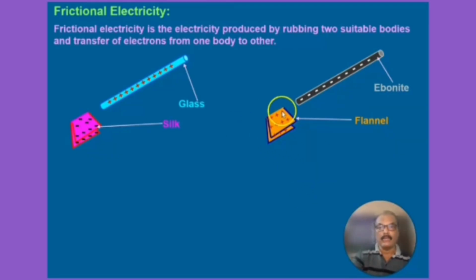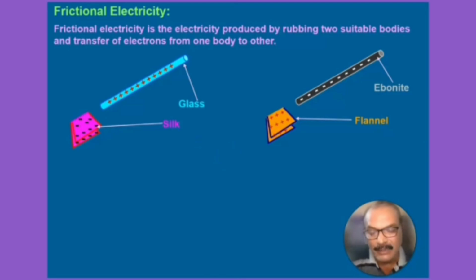On wool, electrons are loosely bound, and they are given to the plastic. So plastic got the negative charge, and due to the loss of negative charge in wool or flannel, positive charge is created.